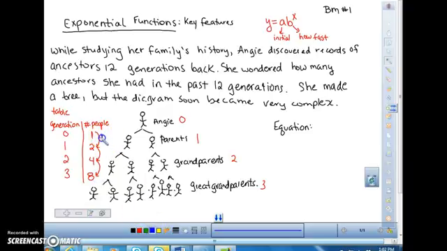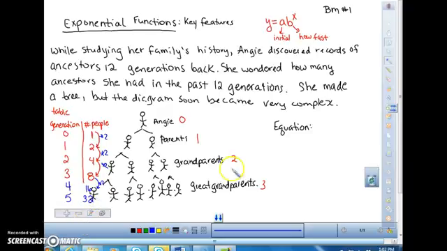So if we multiply 1 times 2, then 2 times 2, we get 4. 4 times 2, we get 8. So the next generation, if we multiplied by 2, would have 16 folks in it. And the 5th generation would have 32 people in it.